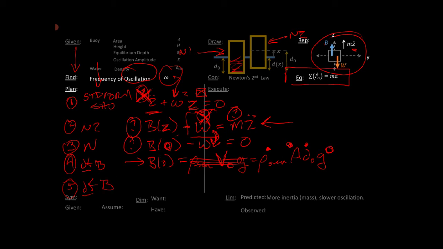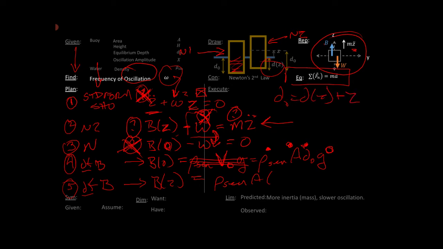There are no more question marks from this one, so we can go back to another tree branch. Let's go to the buoyancy in the Z tree branch. That's going to be ρsea times A times the current dz. So dz here, we said previously, d0 is equal to dz plus z.